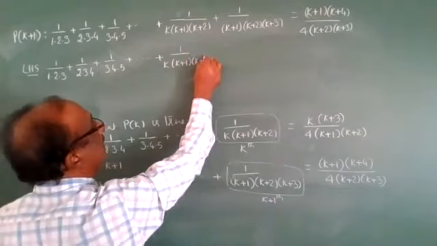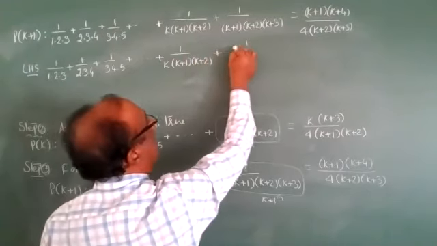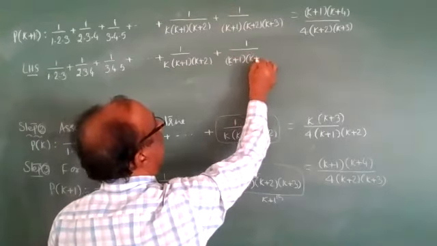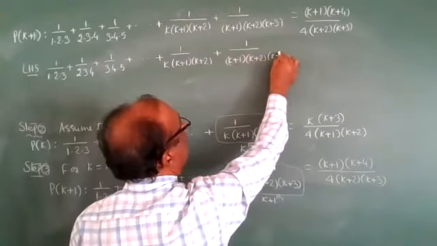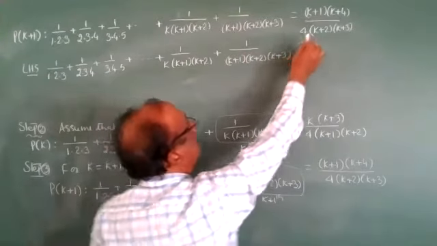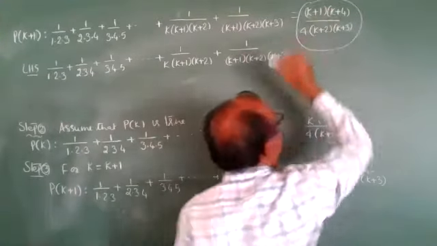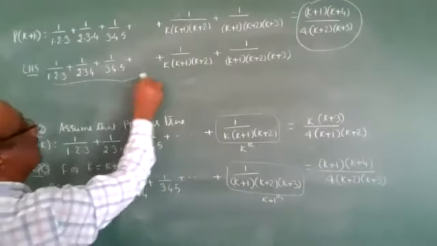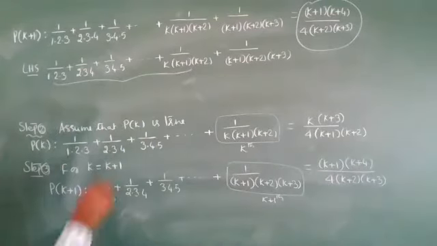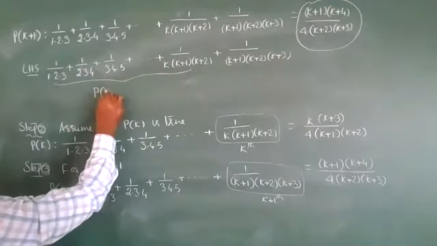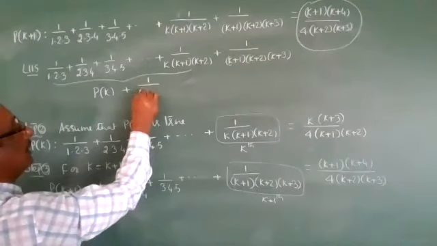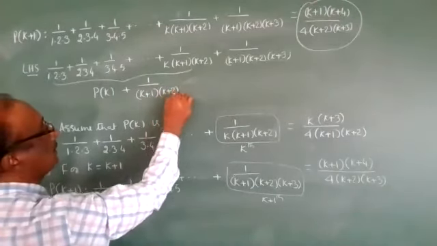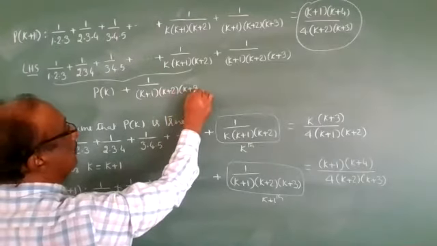This is the kth number, this is the k plus 1th number, k plus 1, k plus 2, k plus 3. We have to show the right hand side answer. Up to this is k terms, the P of k statement, plus 1 by k plus 1, k plus 2, k plus 3.